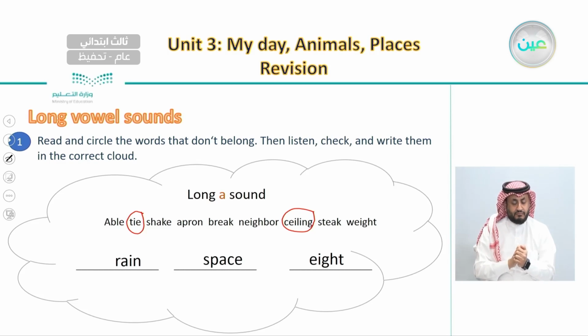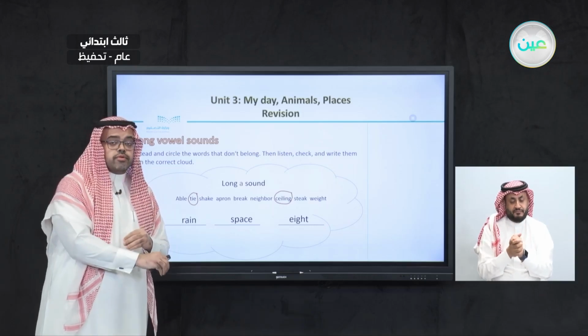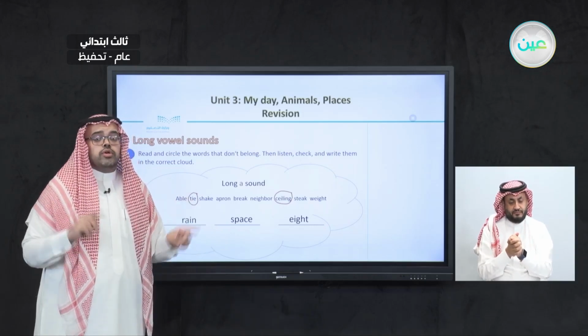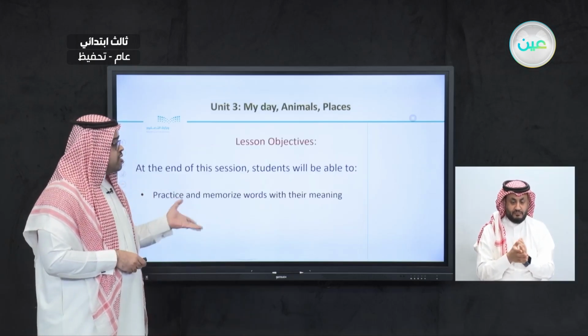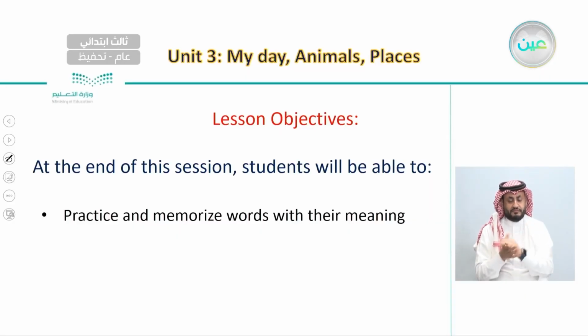This is how we answered this interesting exercise where we have five different clouds with five different sounds. So we take the words and put them in the right cloud, and also we circle the words that do not belong. So let's get to know our objectives in today's lesson.